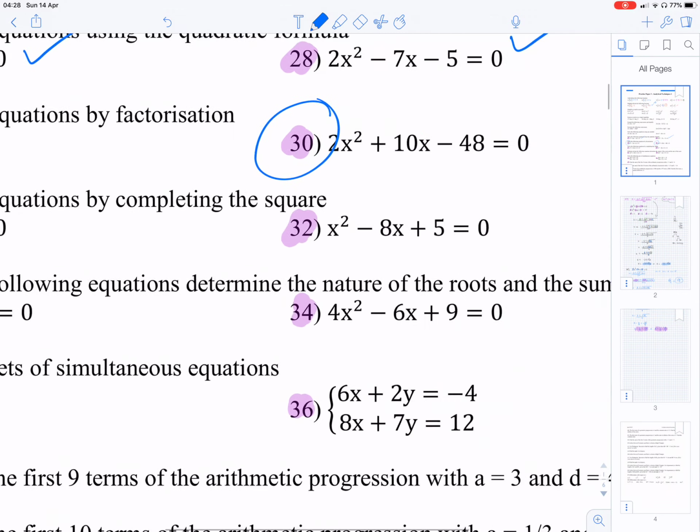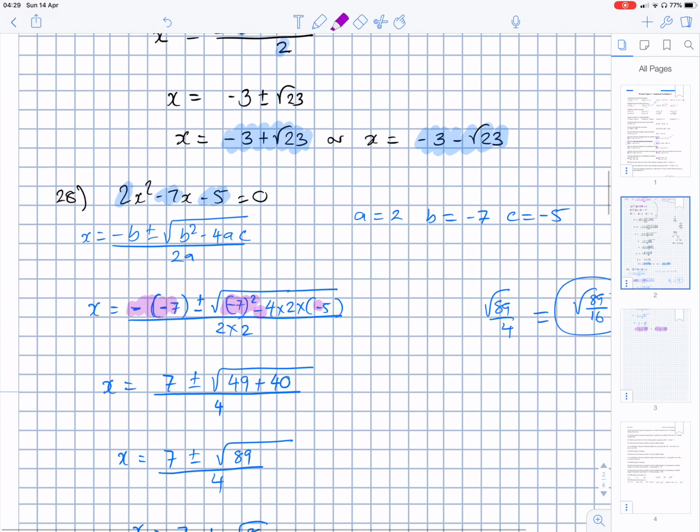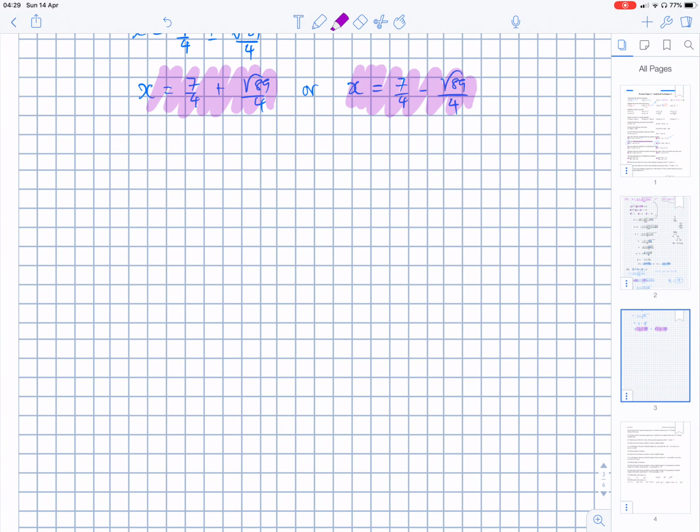So these are the two equations: x squared minus 5x plus 6 equals 0.